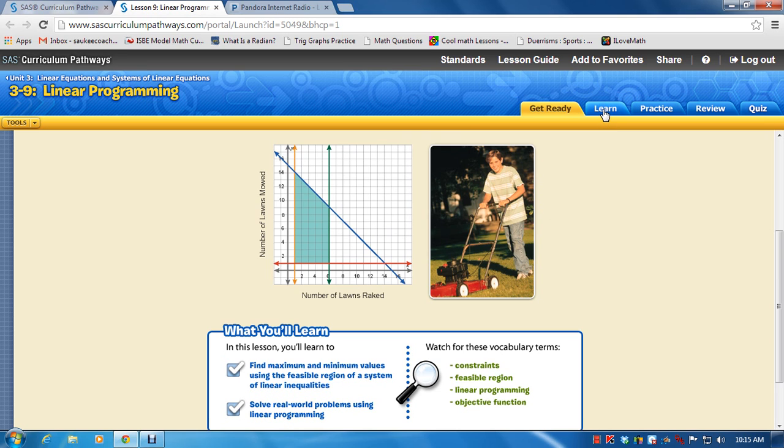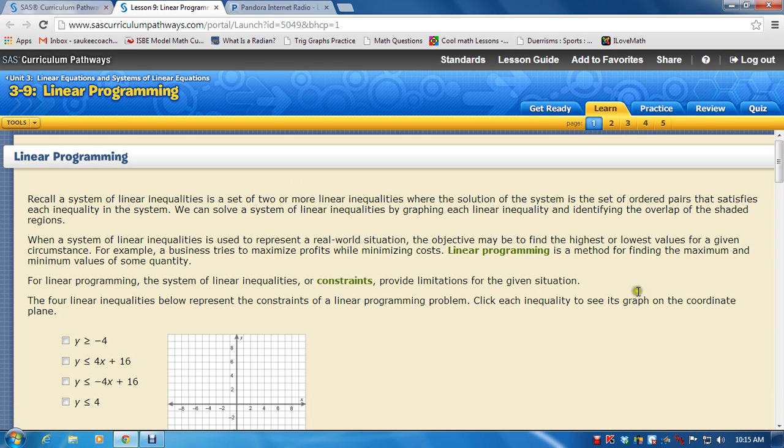So just follow along here and we'll get the basics of what we need to go forward with some application problems in this linear programming lesson. So first thing we want to look at is what linear programming is here. It's a method for finding the maximum and minimum values.